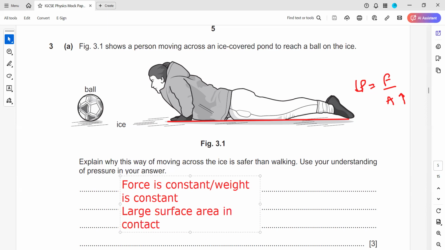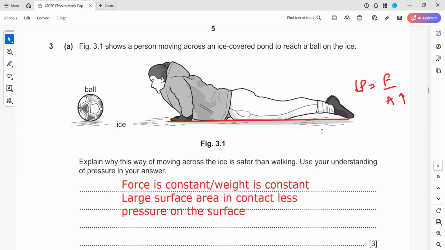If there is a large surface area in contact, it means less pressure on the surface. So he will exert less pressure on the surface, and he is less likely to sink into the surface of the pond. Okay? Clear?